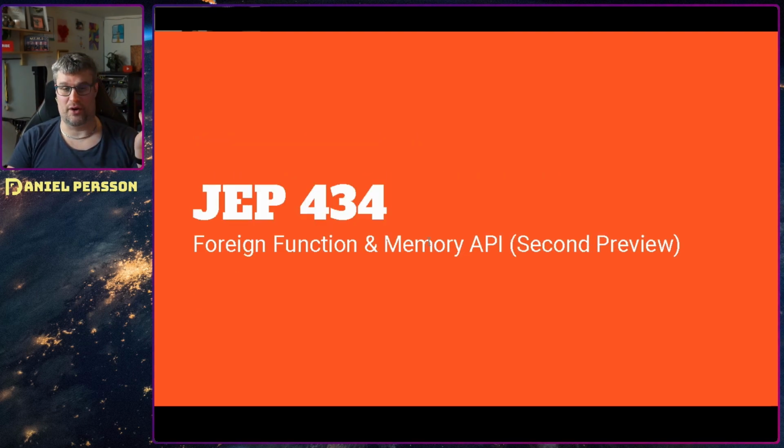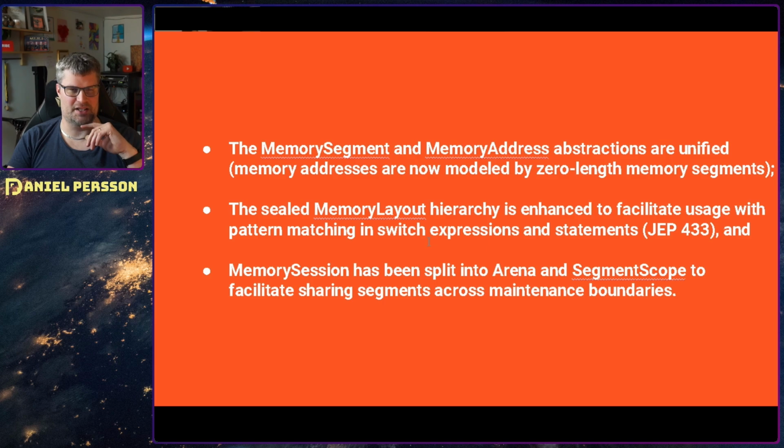Next up, we have the foreign function and memory API, which has a second preview. It also has some smaller changes. I've mentioned them here. Mostly it's that the abstractions have been unified to work better and be easier to understand. And we also have the switch statement that can handle these kinds of statements in a hierarchy in a better way.